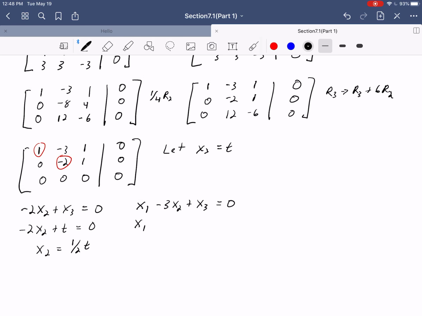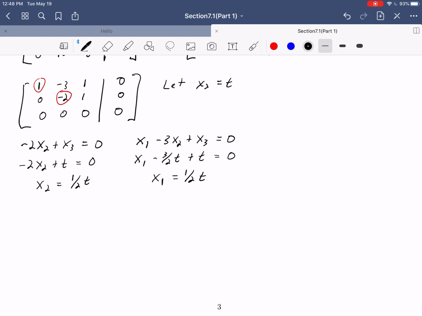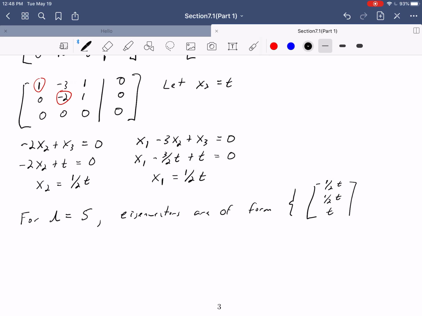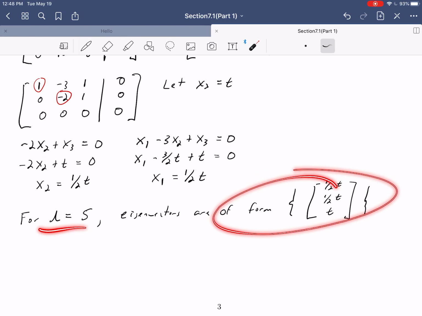So x1 minus 3/2 t plus t is supposed to be equal to 0, so it looks like x1 is supposed to be 1/2 t. So for lambda equals 5, eigenvectors are of the form 1/2 t, 1/2 t, and t. There we go.